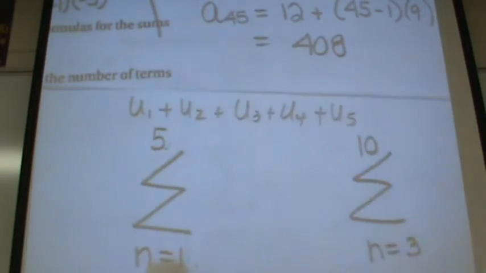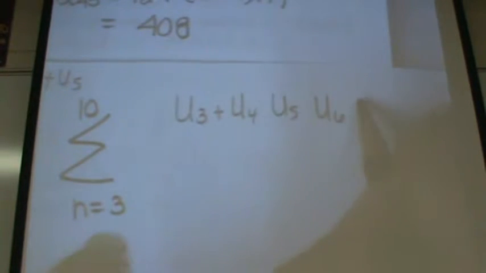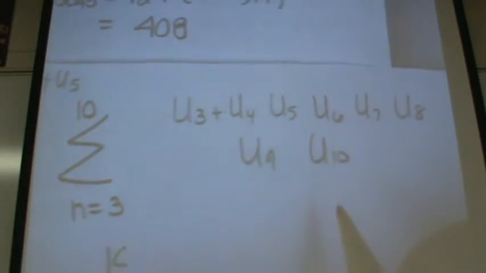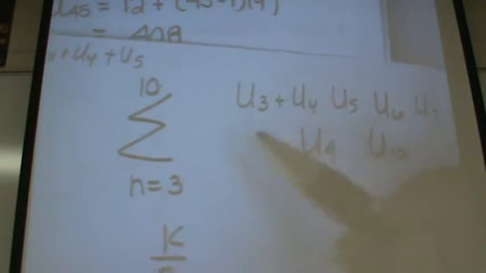And there are 5. This one, you're adding the third term, the fourth, the fifth, the sixth, 7th, 8th, 9th, and the 10th term. Count: 1, 2, 3, 4, 5, 6, 7, 8. There's 8. How do you get that k value? You take these two numbers, you subtract them, and bump it up 1. That's k. Now, what goes inside here?